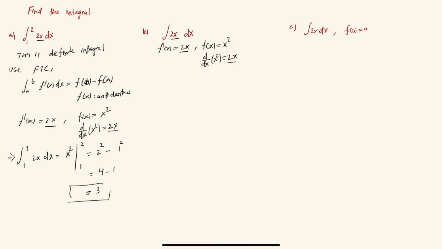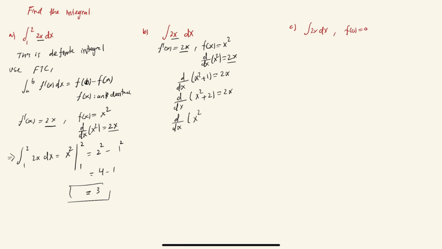But notice something in here. When we take the derivative of x squared plus 1, the derivative also will be 2x. And the same thing applies for x squared plus 2, and so on, since the derivative of a constant is just 0. So we're going to write that in general.